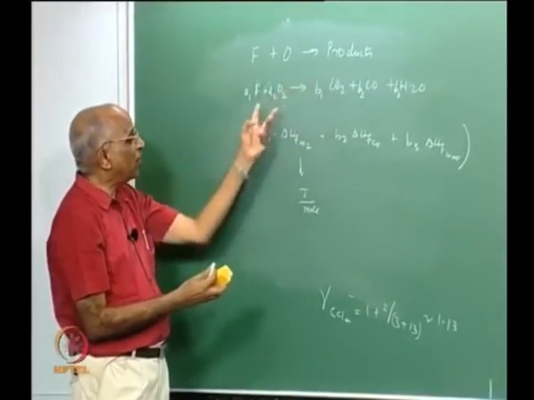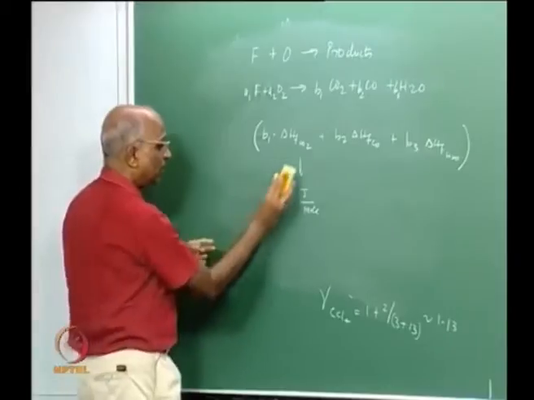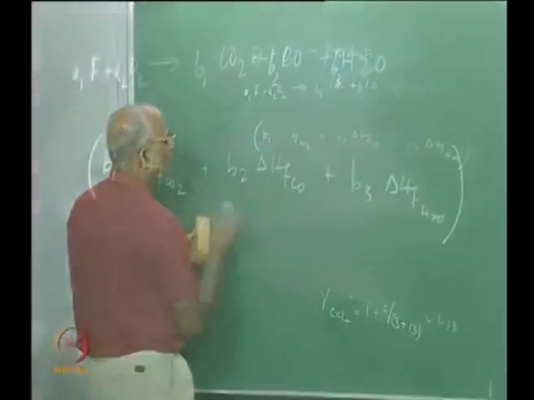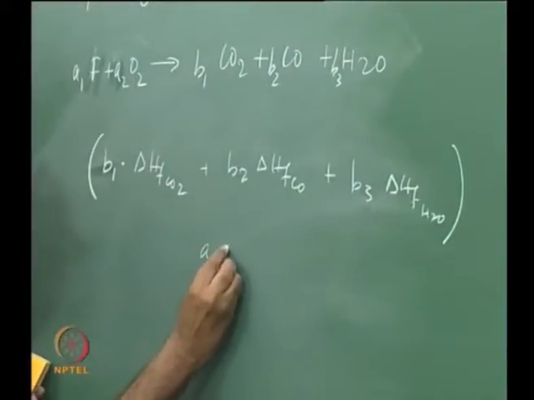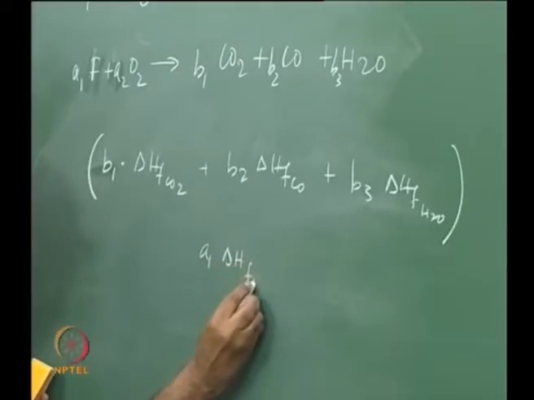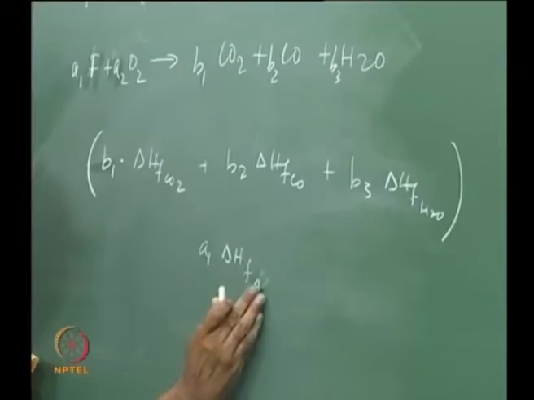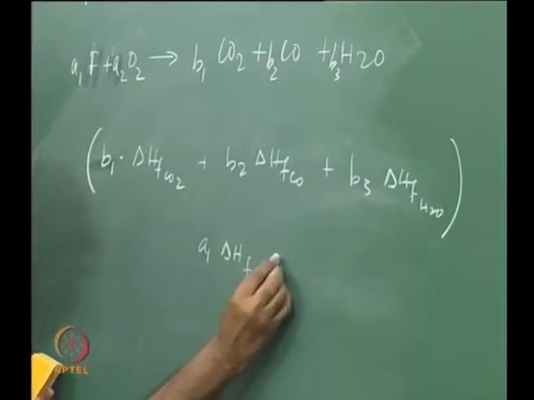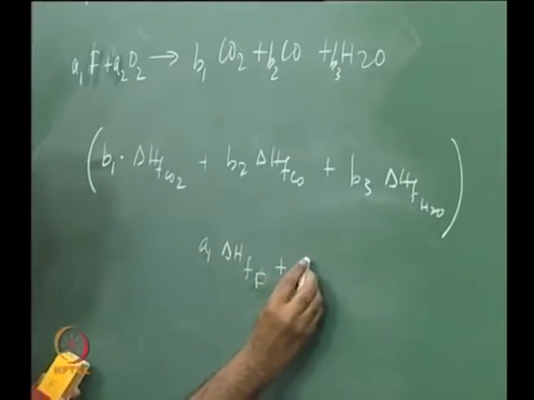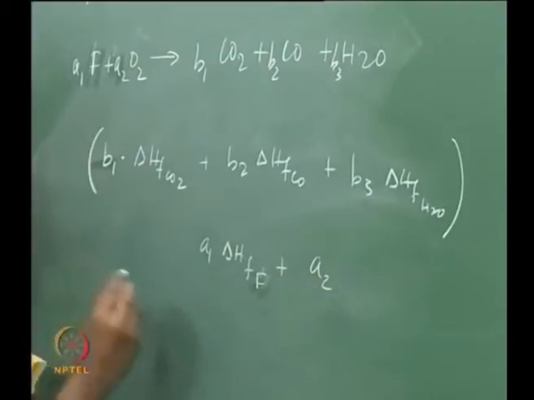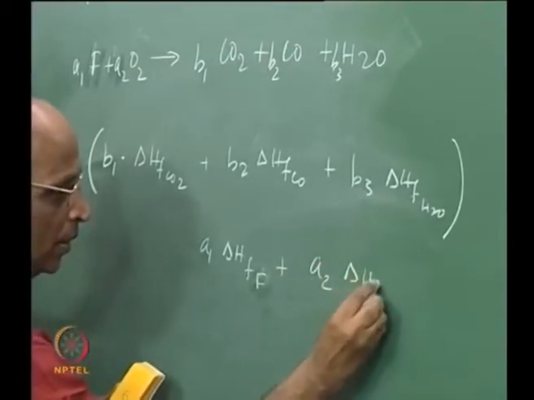What is the heat of formation of the reactants? It is equal to A1 into the heat required to form the fuel F, plus A2 moles of oxygen into its heat of formation.